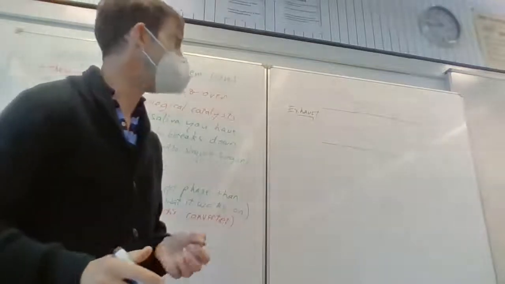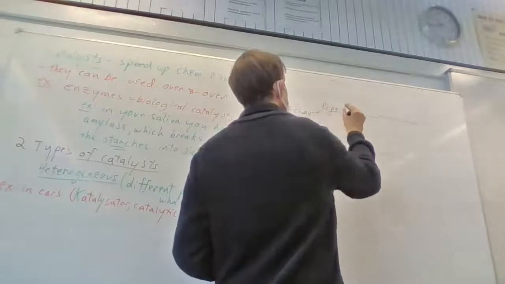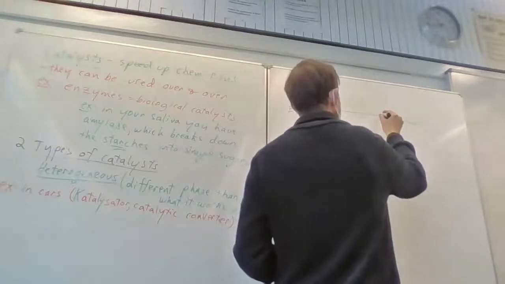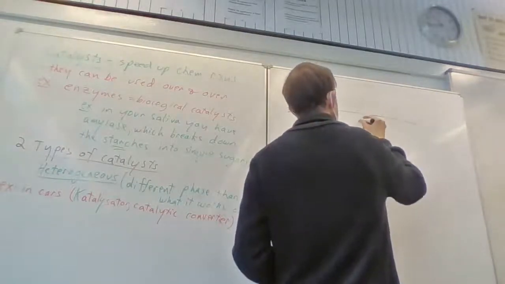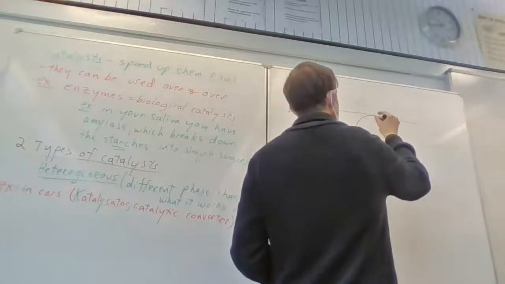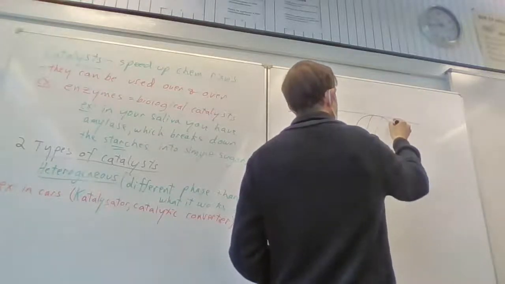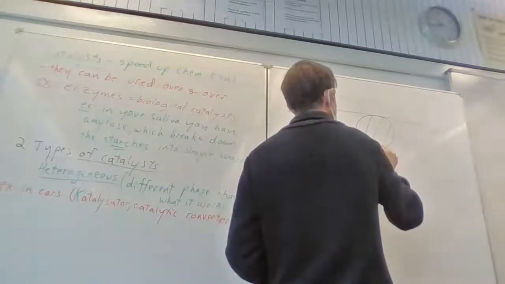And what's in the exhaust pipe is a grid. I'm going to show it like this, even though it doesn't quite look like this. And the gas has to go through it. The exhaust has to go through here.